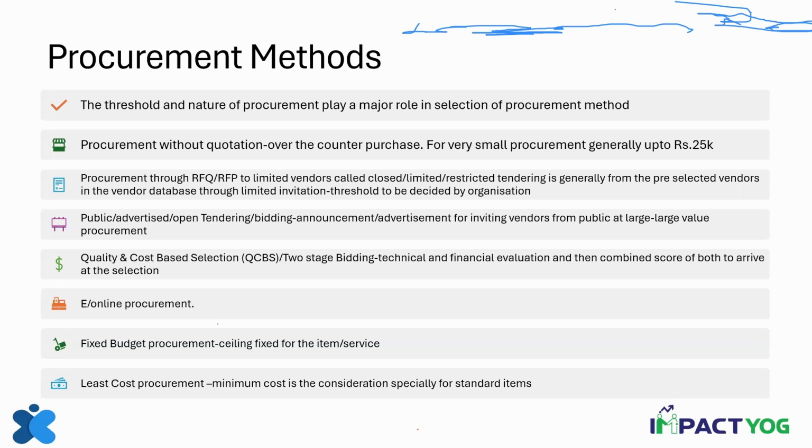So they don't have to send it to your office, but they have to send the quotation to that particular mailbox. And once the bid period is over, the mailbox will be deactivated, and whatever mails are there will be shared with the procurement committee.